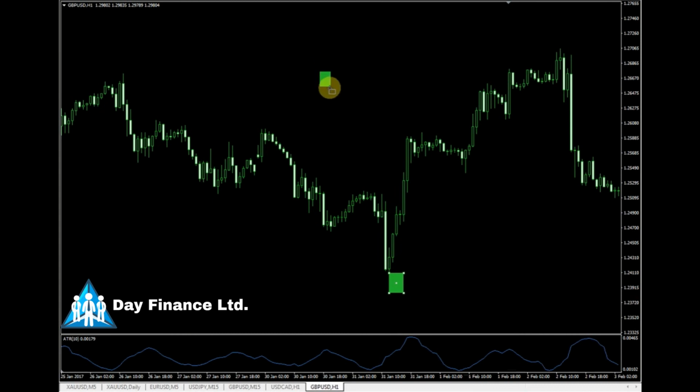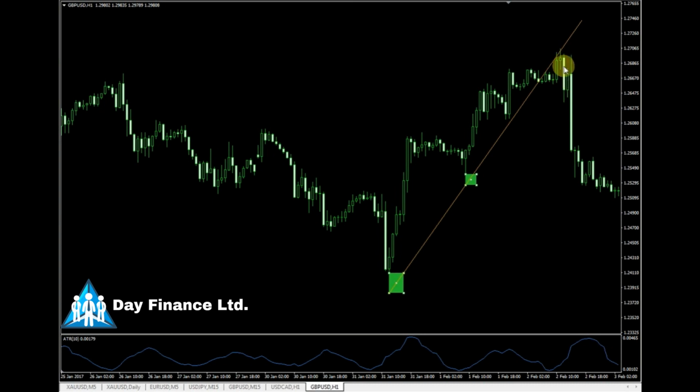This is the pullback for this one. 14 pips. So connect those like that. I don't like this one, this one, this one.